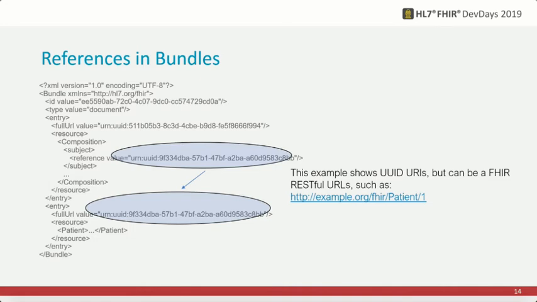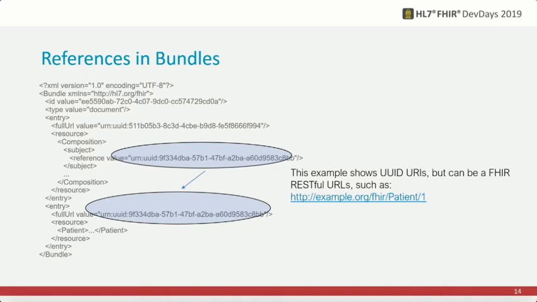In this case, I'm just using GUIDs to represent them, because you can represent GUIDs or UUIDs using this syntax. And what you'll do is when you've got a reference here at one spot, it needs to match up to the full URL of another entry. And then FHIR knows what to do with these and can actually disassemble this and put them on a FHIR server, break this apart, and still keep all these references intact.